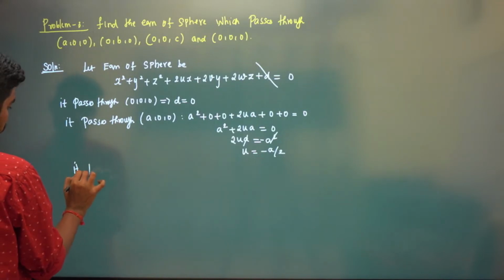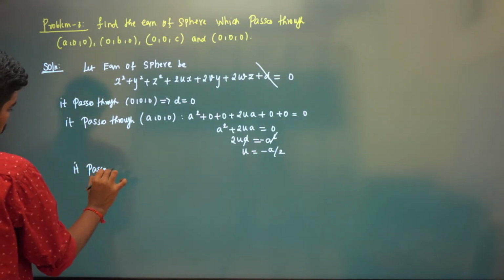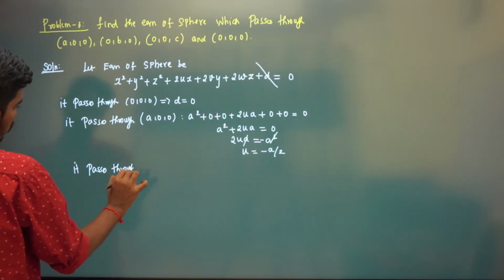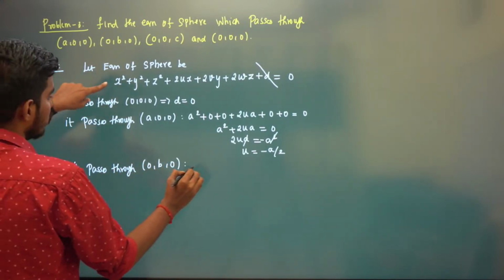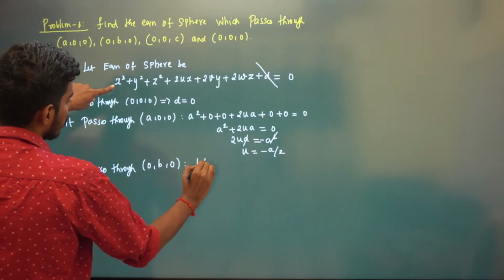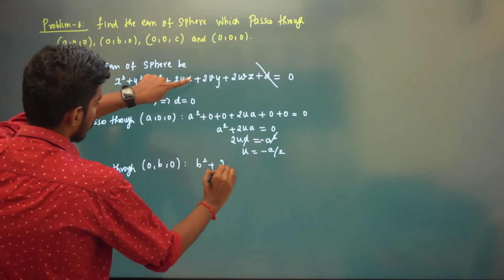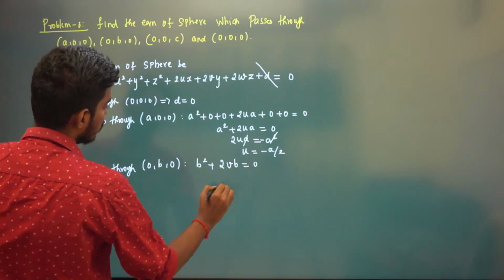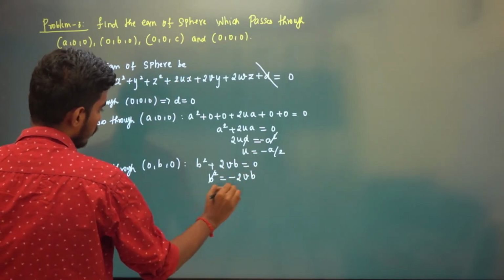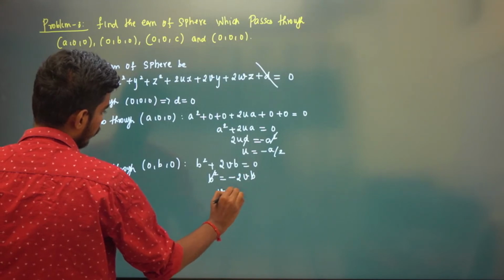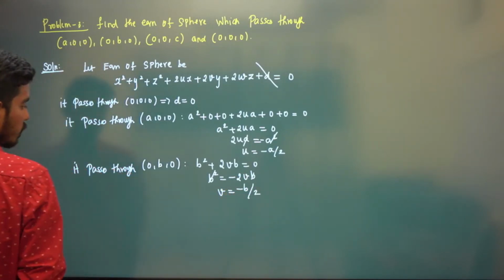Again it passes through 0 comma b comma 0. So again substitute here, you will have b square plus 2vb is equal to 0. So b square is equal to minus 2vb. One b will get cancelled. So you will have v to be equal to minus b by 2.